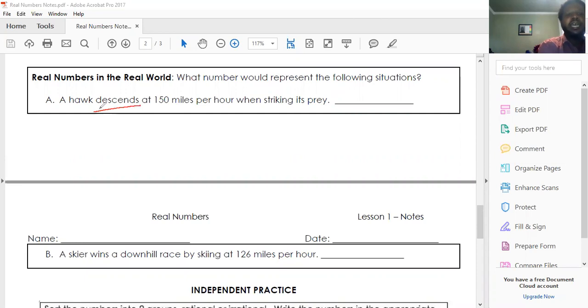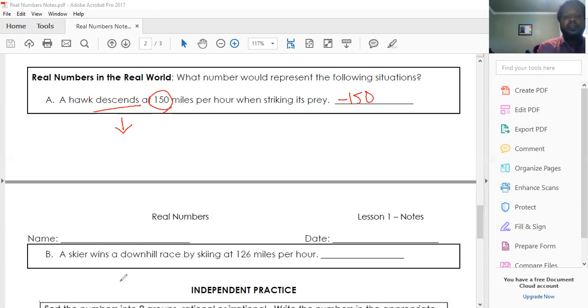So descend, I can tell by this prefix that it probably has something to do with something going down. So if something is going down, how do I represent something that's going down? I usually use a negative. So it's going to be a negative integer, right? Based on the fact that I have the word descends. And then I'm going to use the number that I have here, which is 150. So this is how I represent that, -150.